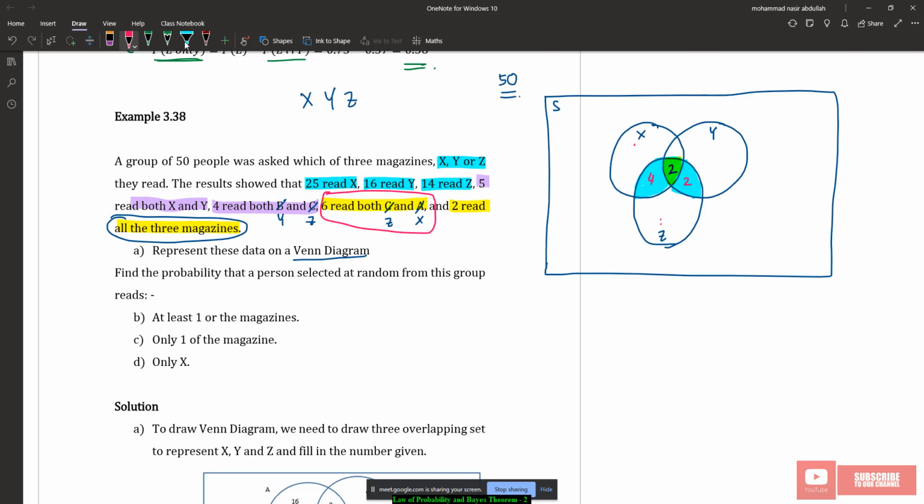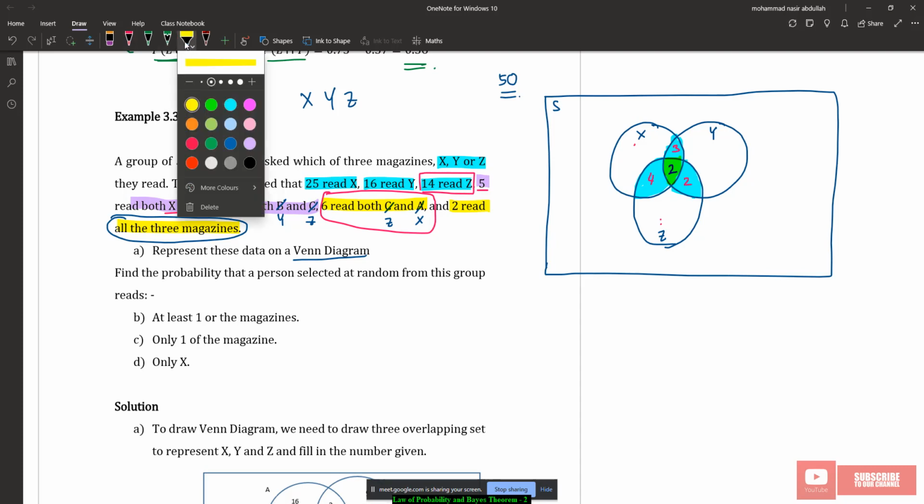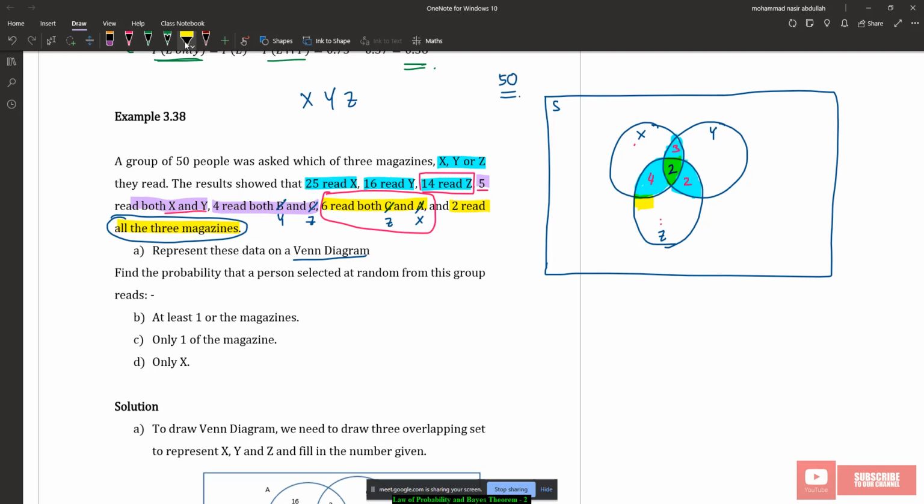Right? And then 5 are reading both X and Y. So X and Y, 5, dah ada dalam tu 2. So 3 dalam sini. Right? And then dia kata kat sini 14 are reading Z. So 14 Z dekat sini lah I color with the green color sekali.